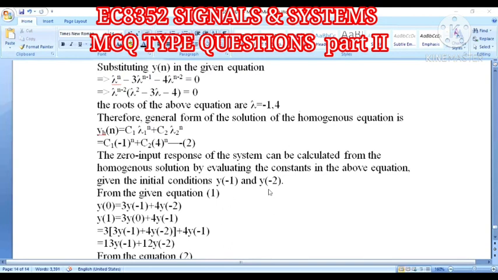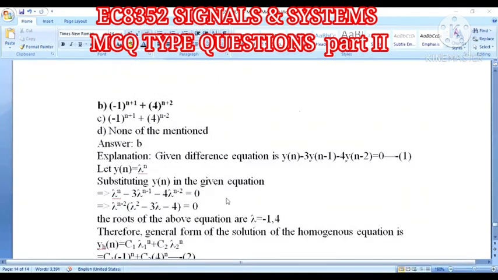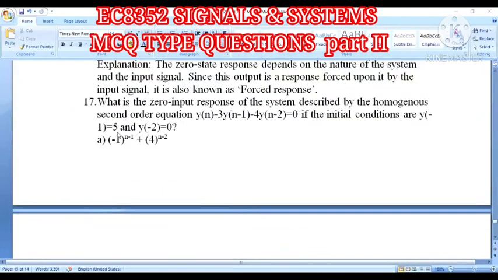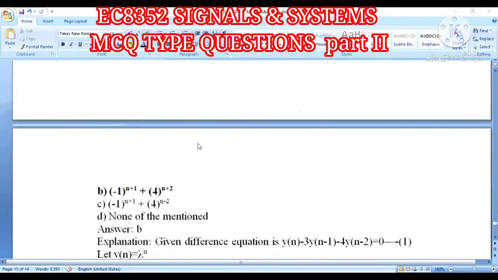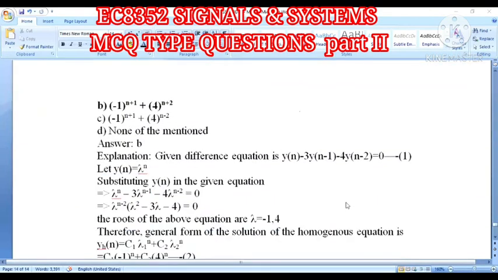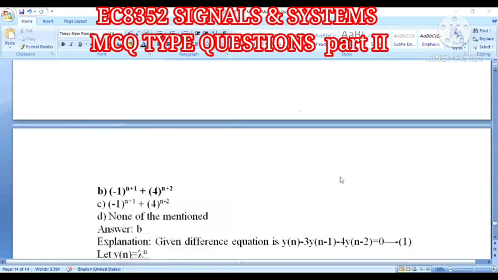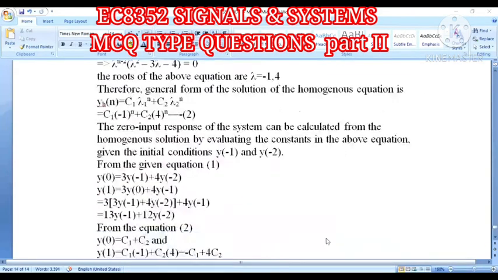Given the initial conditions y of minus 1 and y of minus 2, from equation number 1 I write it like this. I substitute y of minus 1 value is 5 and y of minus 2 is 0. So I will get y of 0 equal to 3 times y of minus 1 plus 4 times y of minus 2.